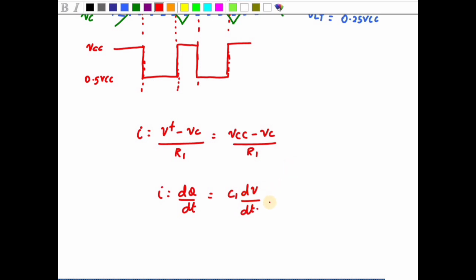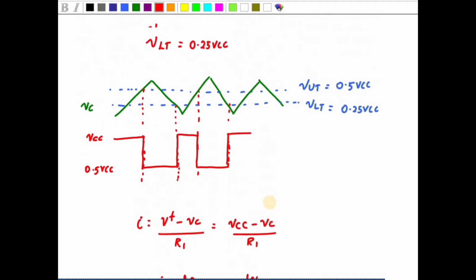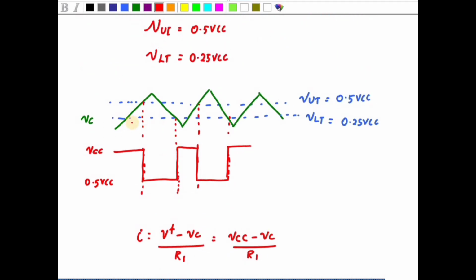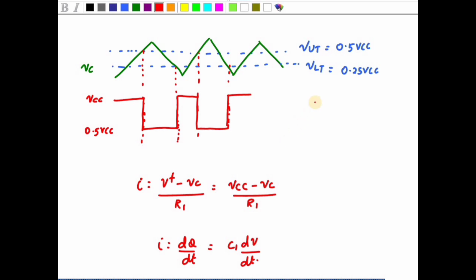So what is del V? If the capacitor is charging, you can see the change in the voltage is nothing but 0.25 of VCC. So the change in the capacitor voltage, del V, is C1 into 0.25 of VCC.